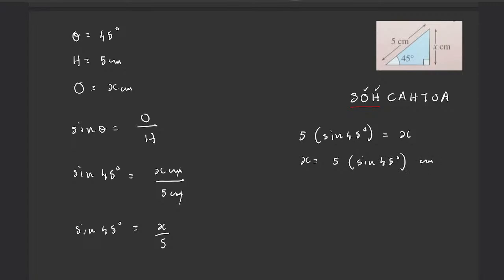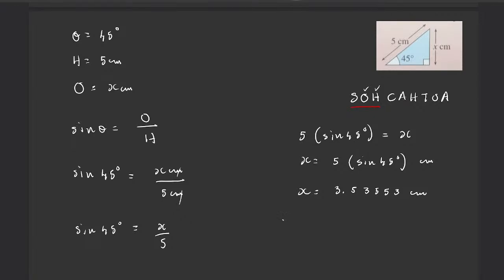So you jump into your scientific calculator and you do 5 times sine 45 degrees, right? And we get x is equal to 3.53553 cm. Of course, we need to put this answer to 3 significant figures.